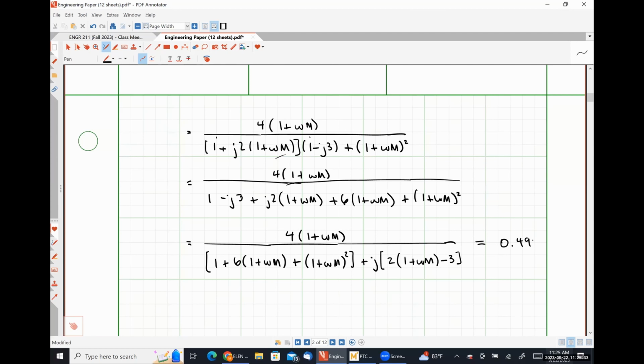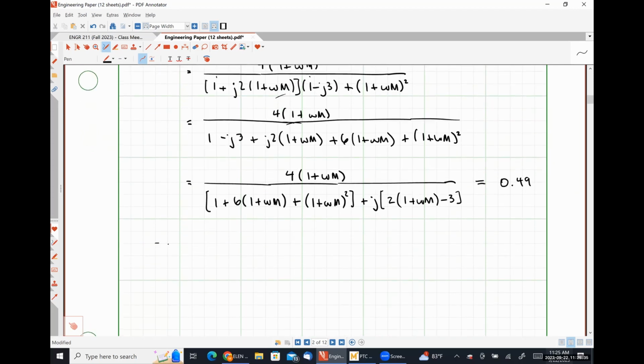So two times 1 plus omega m minus 3 must equal 0, which means 2 times 1 plus omega m must equal 3, or 1 plus omega m must equal 3 halves, or omega m must equal 1/2, right?